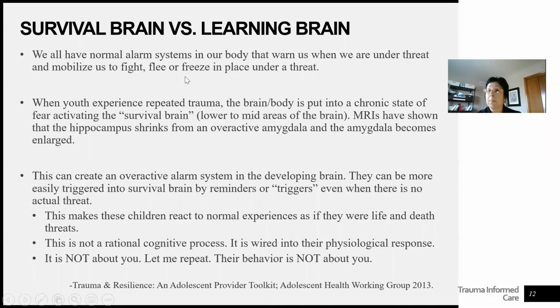And you have probably heard it called fight, flight, or freeze. It is a normal system that we all have, and it helps warn us when we're under threat. So we will know whether to fight, to flee, or to freeze.